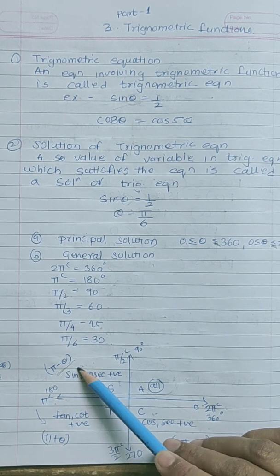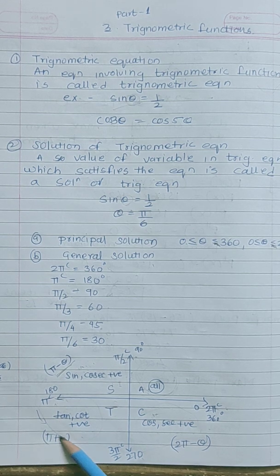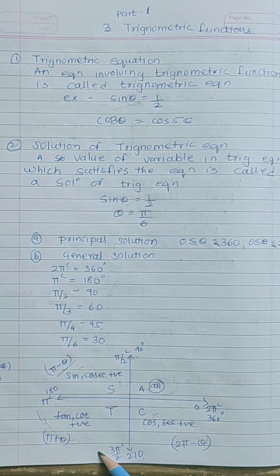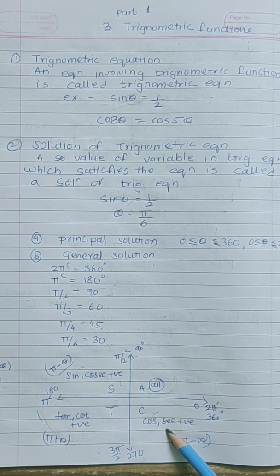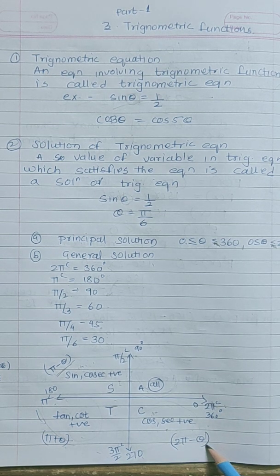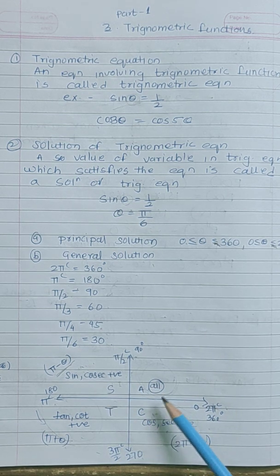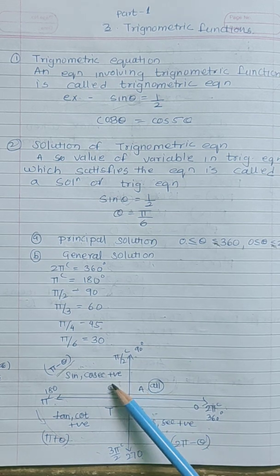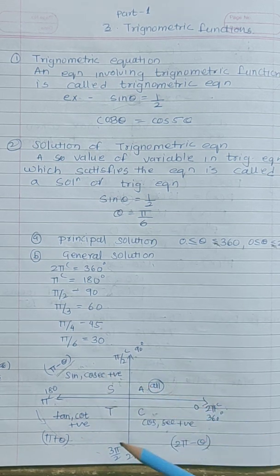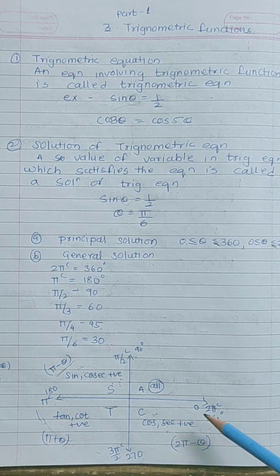If the value comes in the third quadrant, you will take pi plus theta, since it is after pi. If the value comes in the fourth quadrant, here 2 pi is there, so 2 pi minus theta. So remember all these things: All Students Take Coffee means all positive, S means sine and cosec positive, T means tan and cot positive, and C means cos and sec positive, and all others negative.